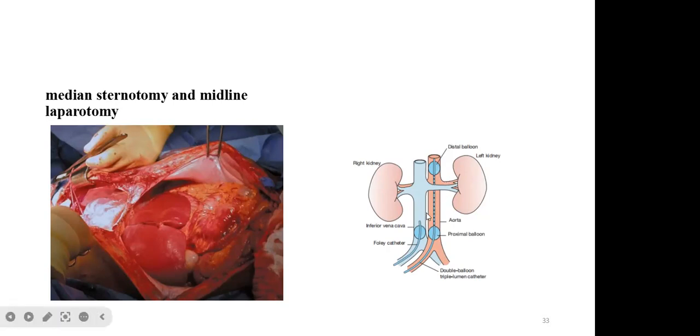On the other side here is a catheter passed through a femoral vein. It has two balloons, one superior up there and one inferior, which now occludes the aorta. Then to the other side is the inferior vena cava. A catheter is passed so as to introduce the preservative.